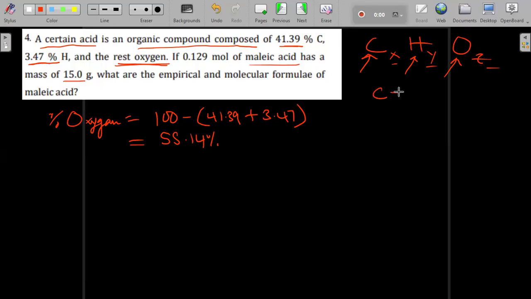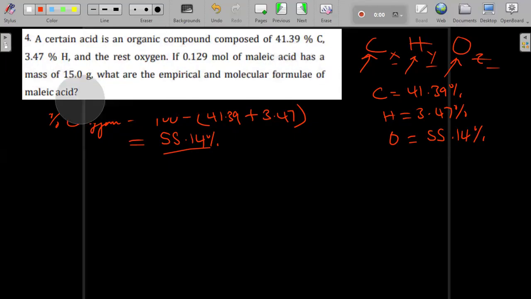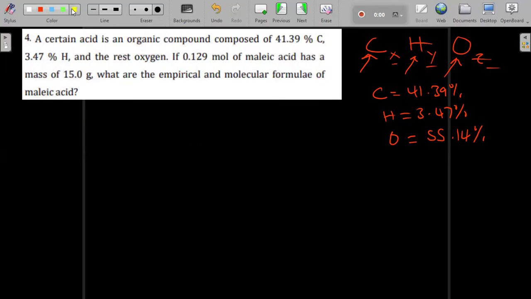So carbon has 41.39%, hydrogen has 3.47%, and oxygen we are finding has 55.14%. Once you have your percentages, we can start the process of finding the empirical formula.